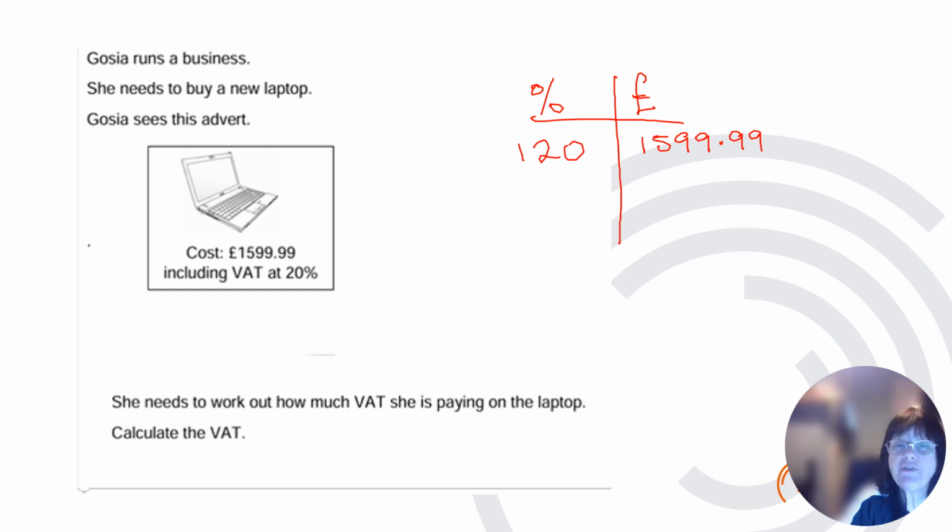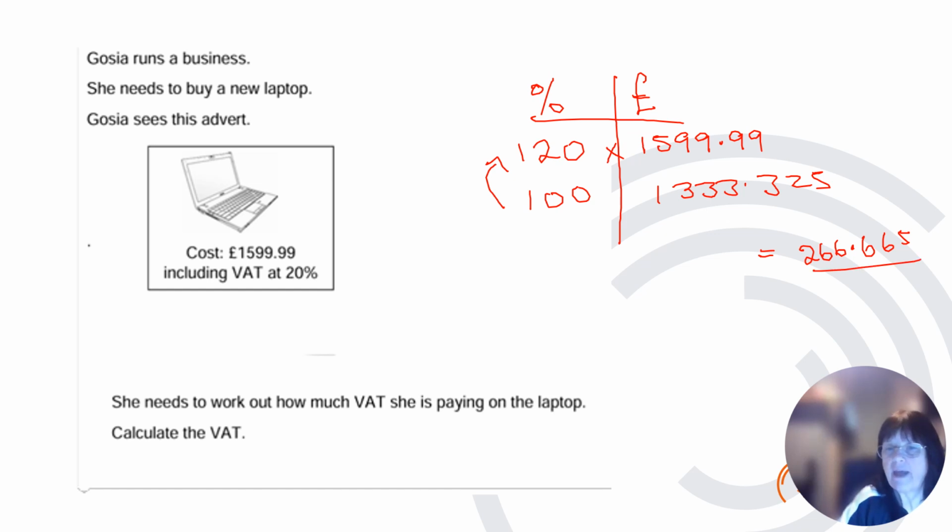Now, what we could have done is worked out 100%, divide by the number above, multiply across, and you'd have got something like 1333.325, I think. If you take one from the other, you will then end up with the VAT at 266.665 or something along that line.